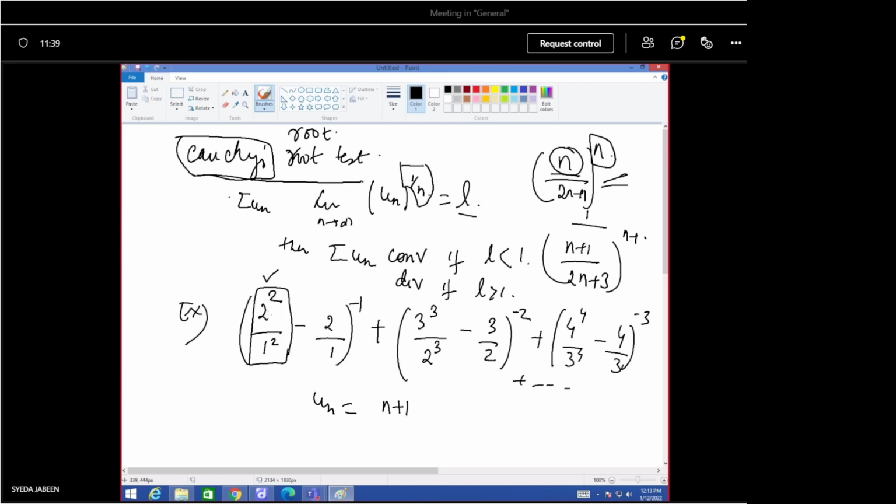Since one term is extra, it becomes n plus 1 by n, the whole power n plus 1, and then n plus 1 by n whole to the power minus n.